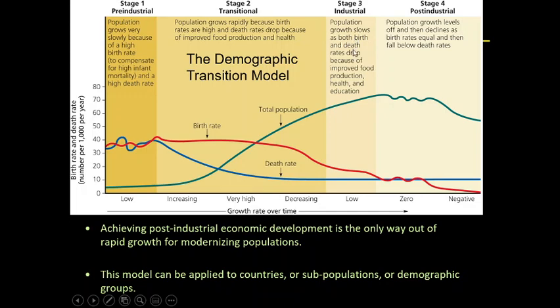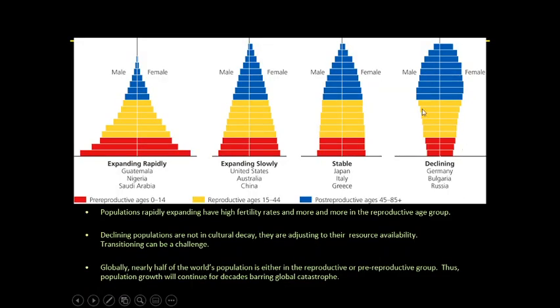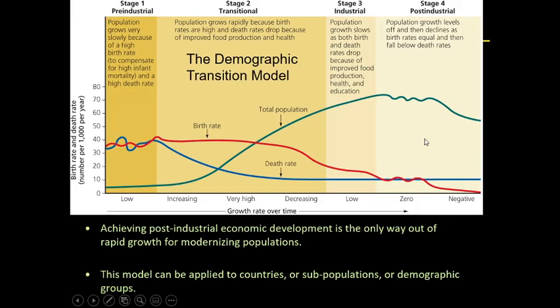Some countries have gone into a post-industrial phase, and that is signaled by the point where the birth rates meet death rates or drop below death rates. And we saw that back a couple of slides here. These countries would be in this post-industrial phase. Okay, so this is the demographic transition model.